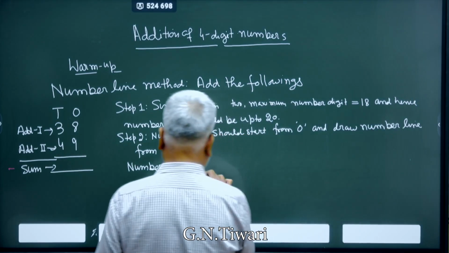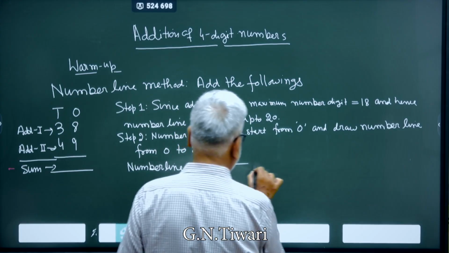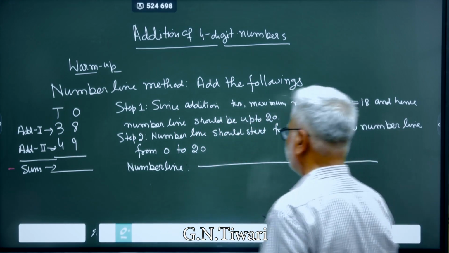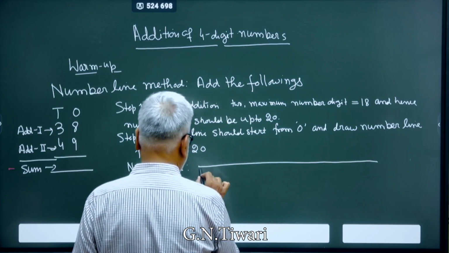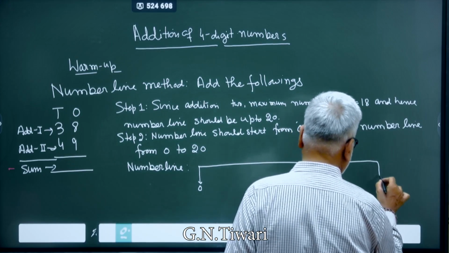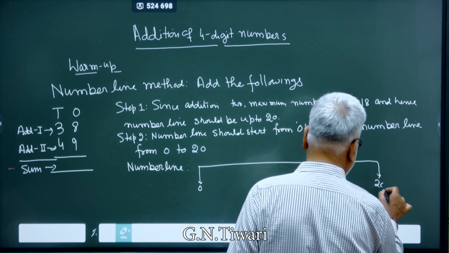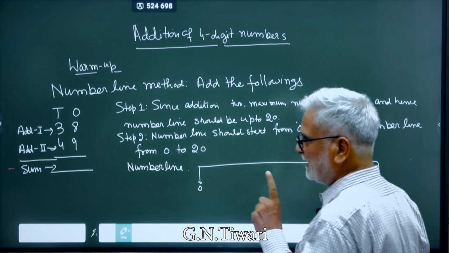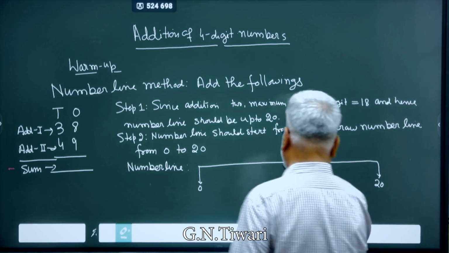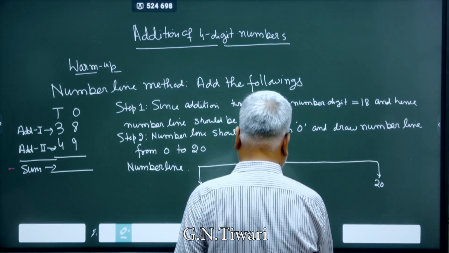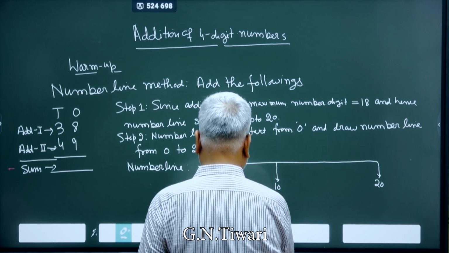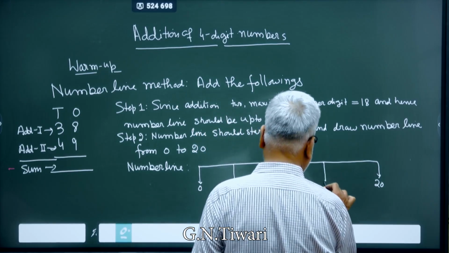Just say, draw a line up to your length of copy. Here put 0, here put 20. Be careful. Approximately the middle can be this. Put 10. Middle of this can be 5. Middle of this can be 15.